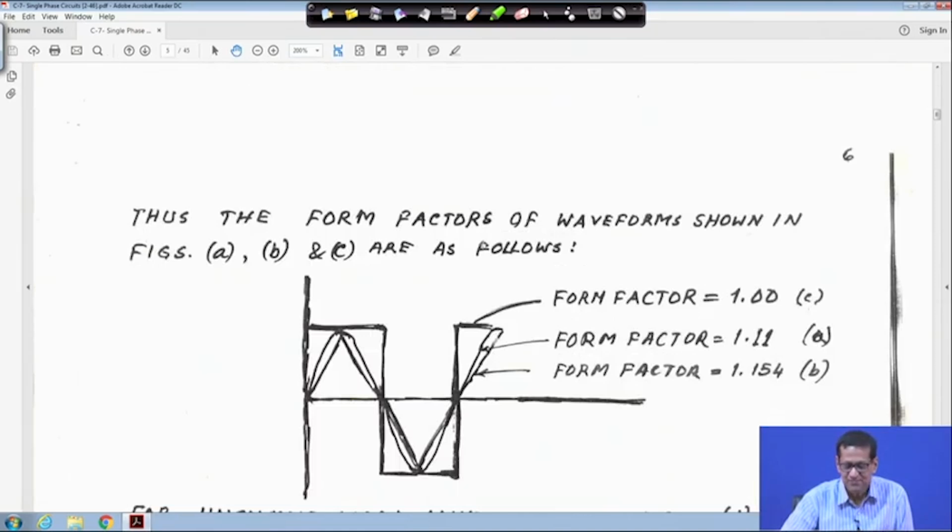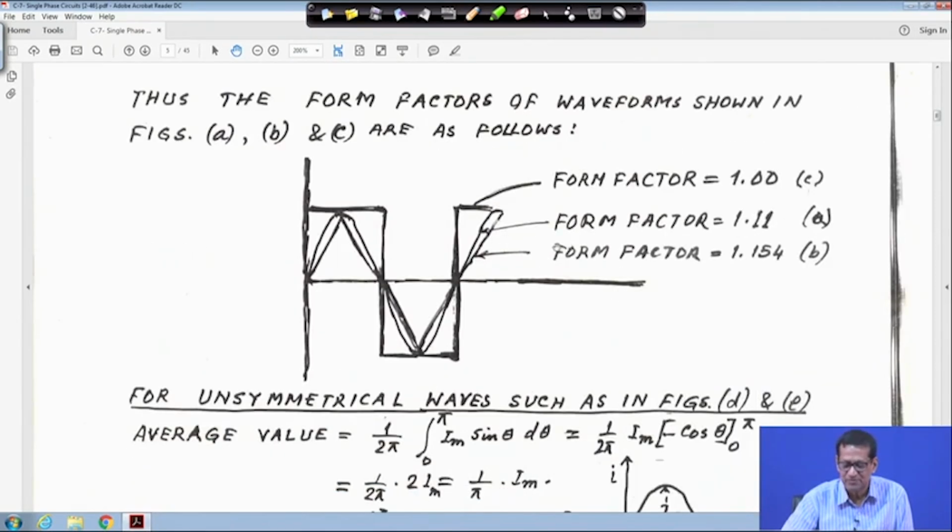Now thus, the form factor of all waveforms, if you look into this: for the square waveform it will be 1, for the sinusoidal waveform it will be 1.11, and for this triangular waveform it will be 1.154.